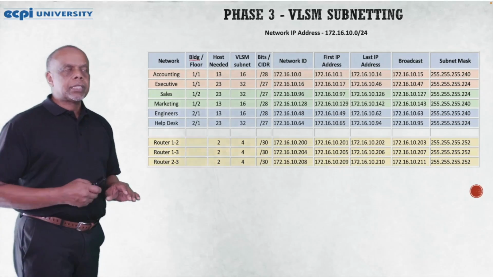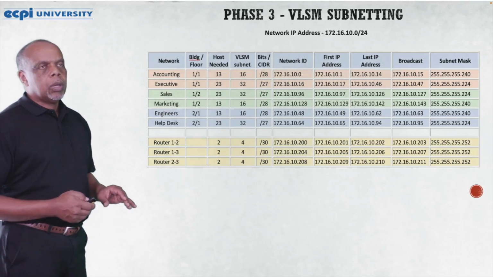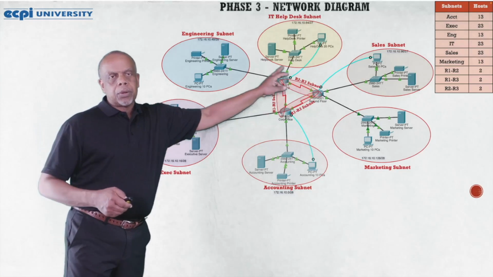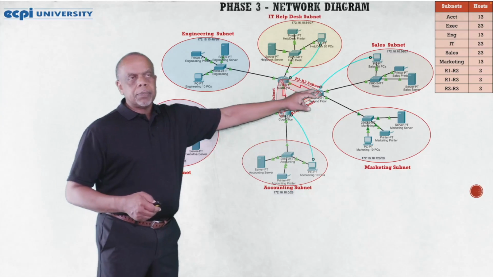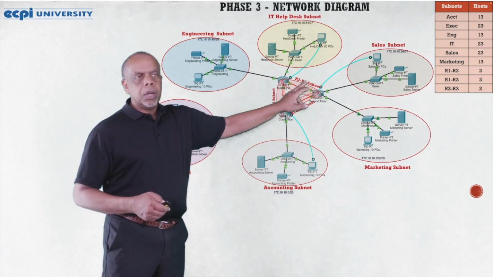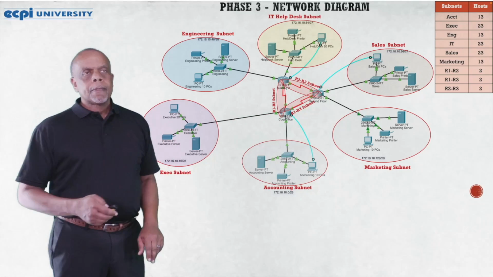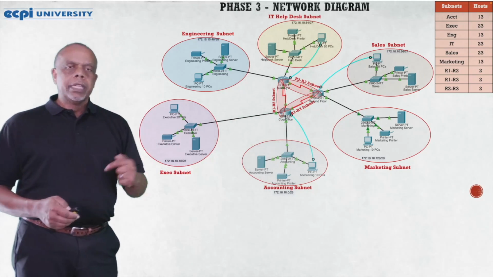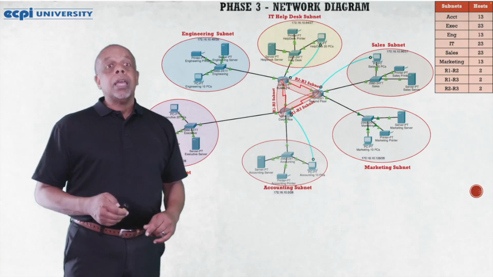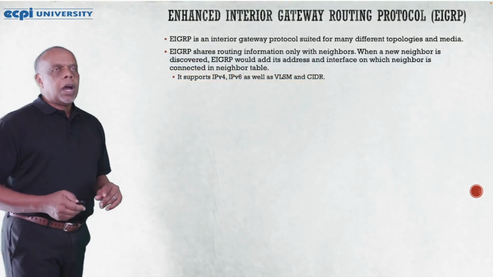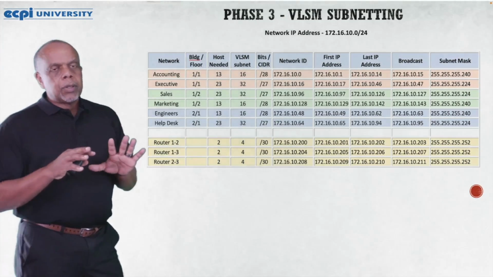Those are the IP addresses I'm going to assign to these routers: router 1 to router 2, router 2 to router 3, router 3 to router 1. Okay, hope that makes sense. If not, hit the rewind button and watch it a couple times. If not, then give me a call or email or text. All right, so that's how we do our subnet masking.